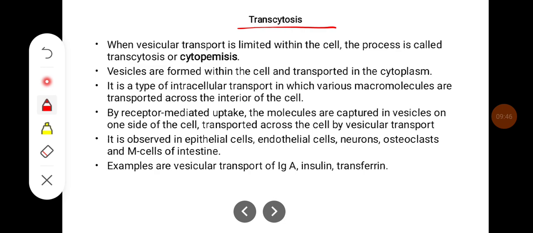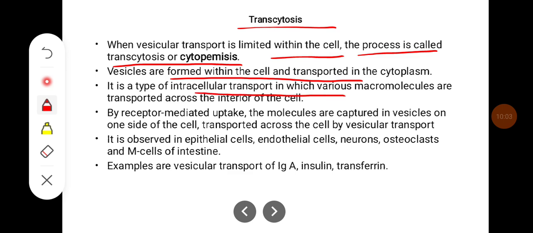Transcytosis: when vesicular transport is limited within the cell, the process is called transcytosis or cytopempsis. Vesicles are formed within the cell membrane and transported in the cytoplasm. It is a type of intracellular transport in which various macromolecules are transported across the interior of the cell.